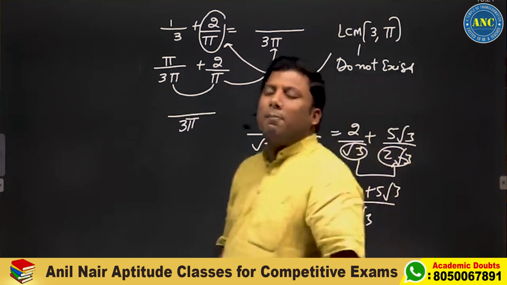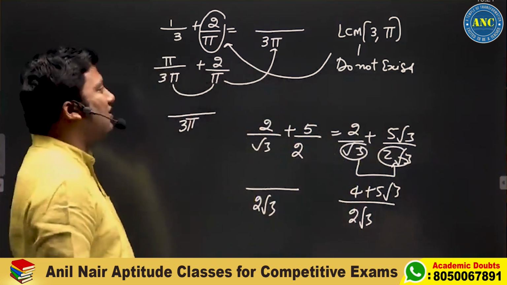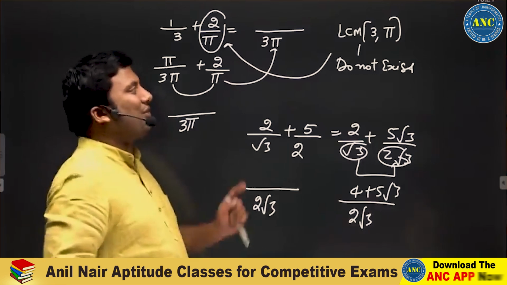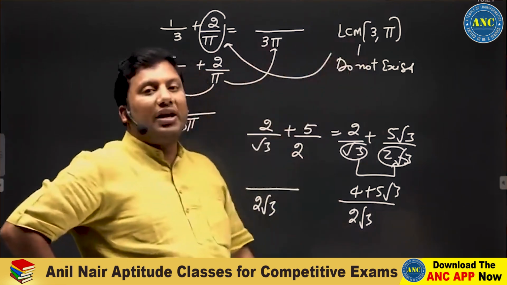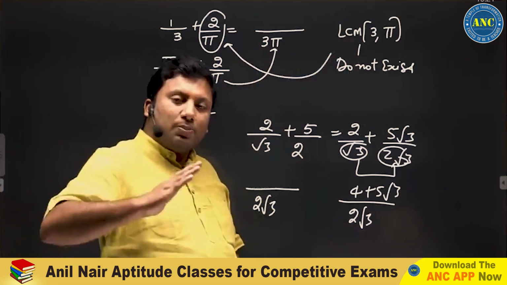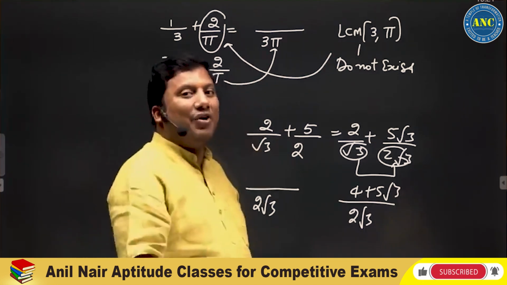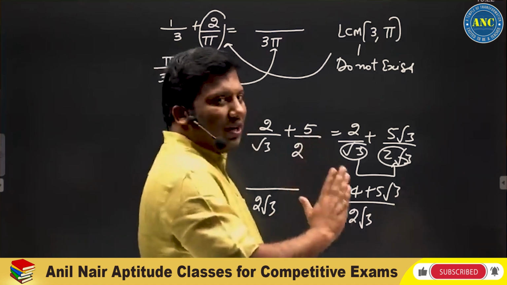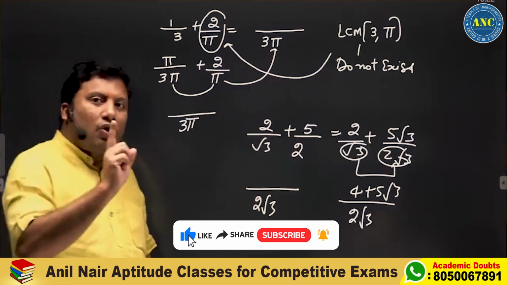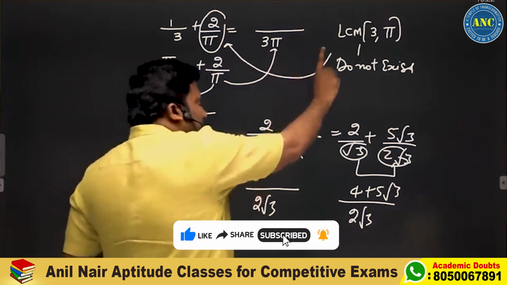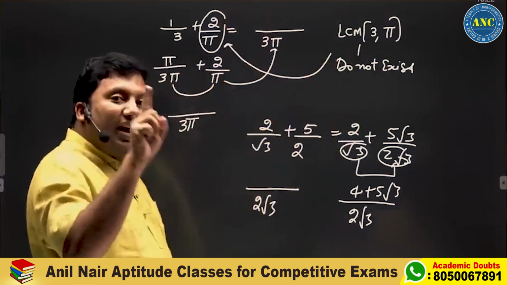This is an extremely important key point. The student is able to connect a beautiful concept and asked me a very interesting question. Why, when it is 3 pi, is LCM of 3 comma pi not possible? On this public platform, I want to appreciate Biswajit for asking a very, very good, logical question. Many of the students who are watching this video, I hope you got clarity when I said that the LCM should always be taken for the same family.